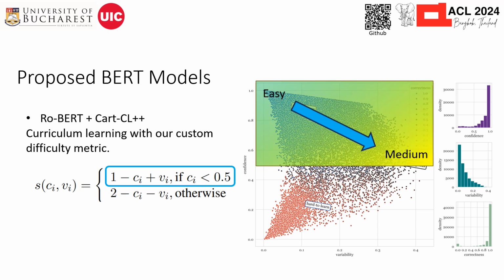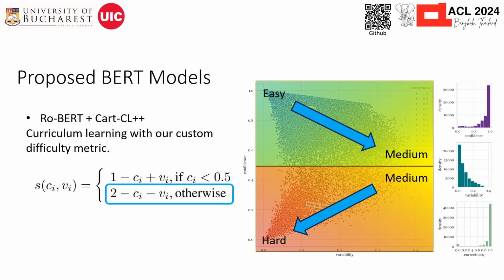We use it as follows. The upper left corner holds points that are considered easy because they have both high confidence and low variability. Going to the middle right section, data points with a medium difficulty can be found. The hardest points are the ones in the lower left corner because they have very low confidence and very low variability.